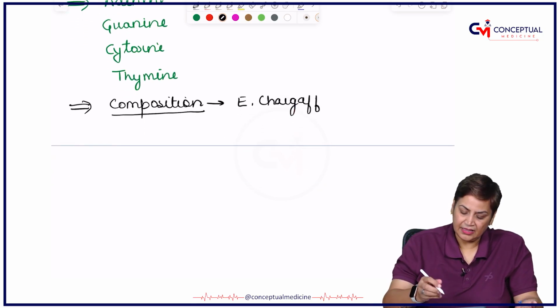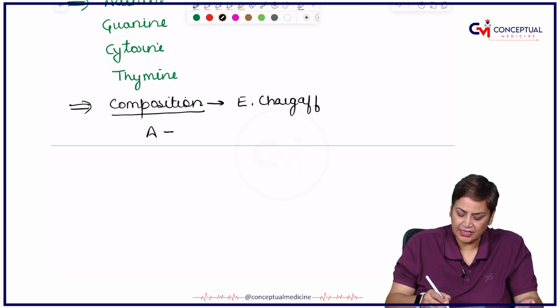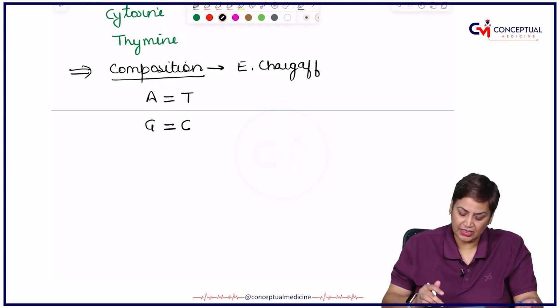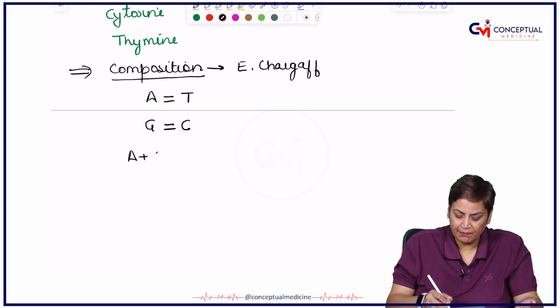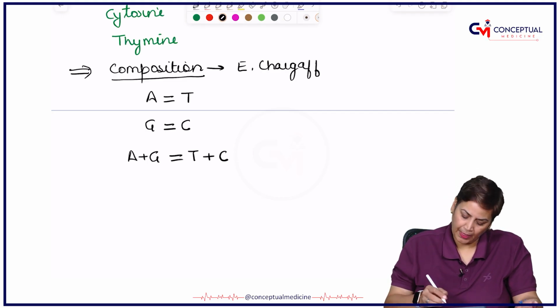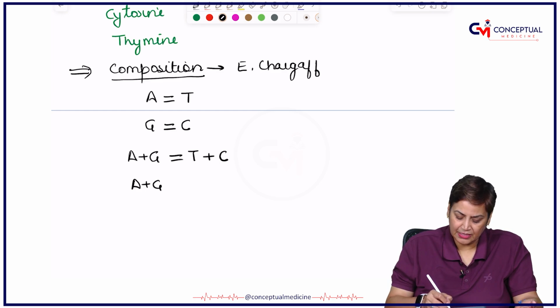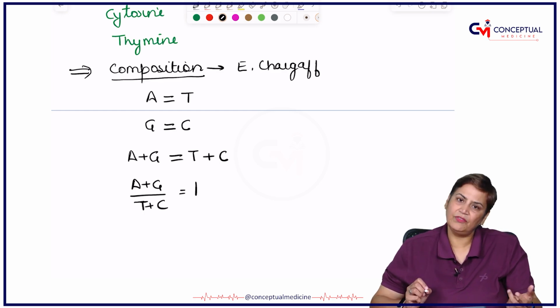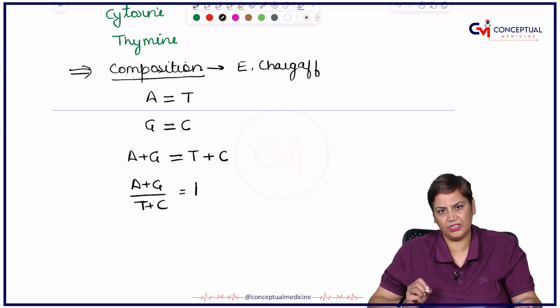And he said that amount of adenine is equal to amount of thymine, amount of guanine is equal to amount of cytosine, and amount of adenine plus guanine is equal to thymine plus cytosine, or amount of adenine plus guanine over thymine plus cytosine is equal to 1, which is constant for a given species.